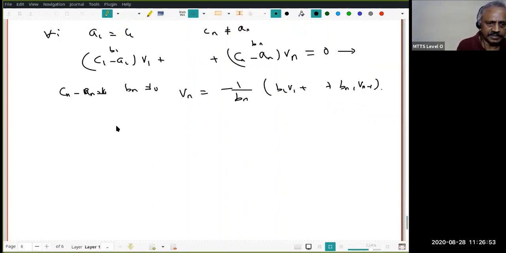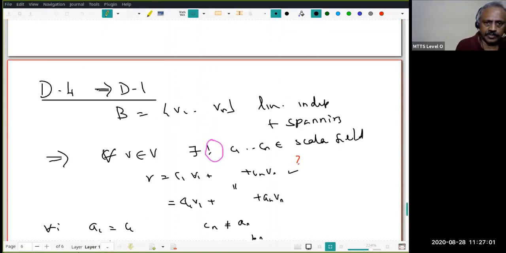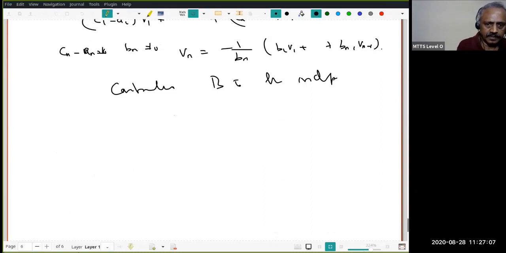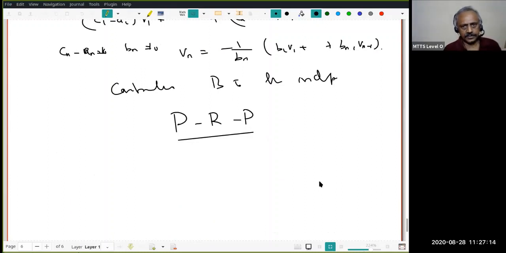So this contradicts. B is linearly independent. Therefore, what do I get? Such an expression is unique. So we have proved the theorem. This completes the proof of the theorem.